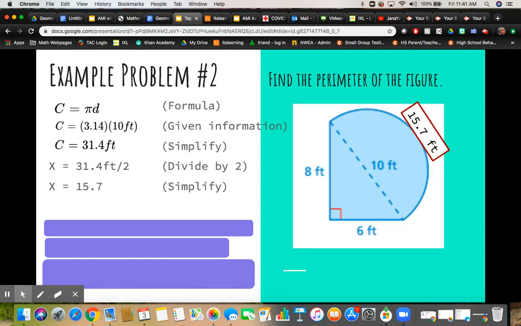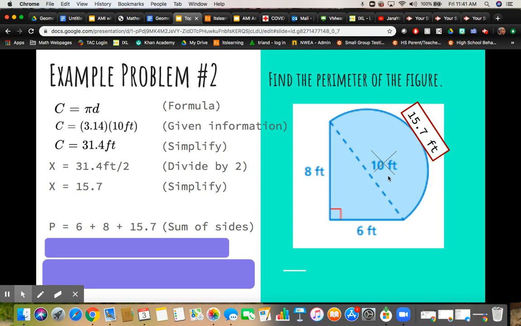Now I can find the perimeter of the figure because I have the length of this side, the length of this side, and the length of this semicircle outer edge. So I can say that my perimeter is equal to 6 plus 8 plus 15.7.